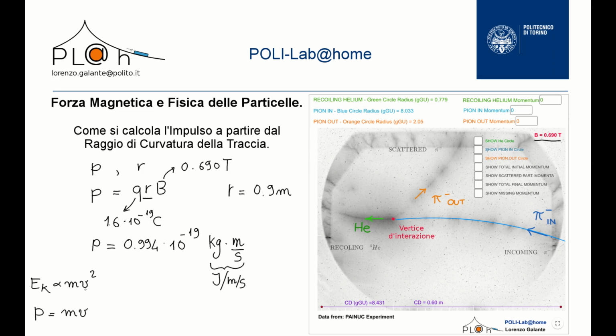To move from the kinetic energy to the momentum, we have to divide by a velocity. And that's why we can express momentum units as an energy divided by a velocity, joule divided by meters per second.